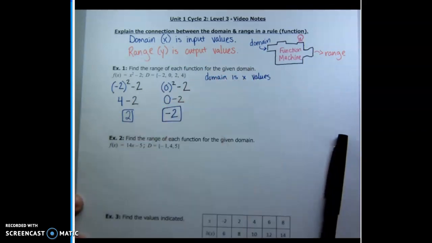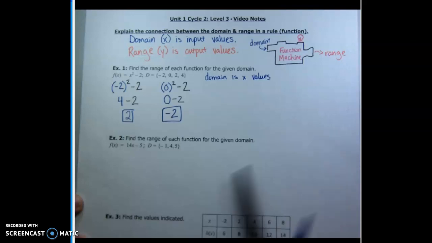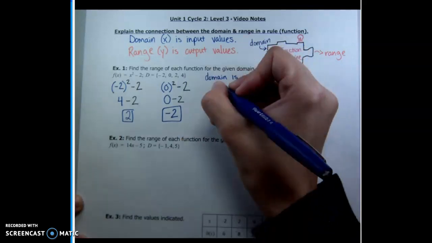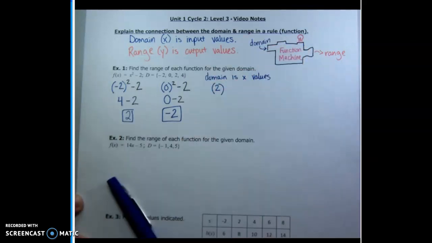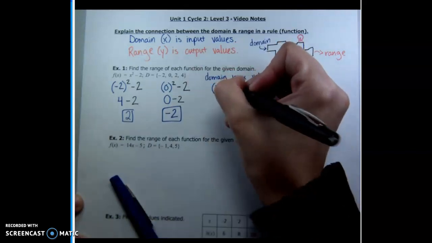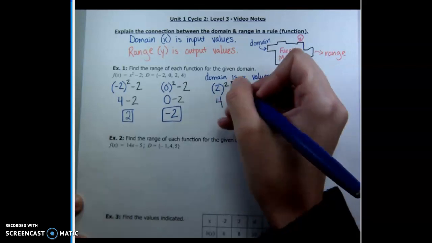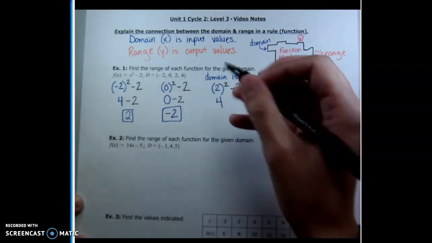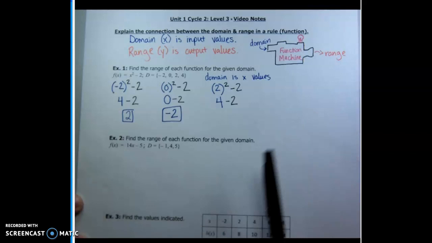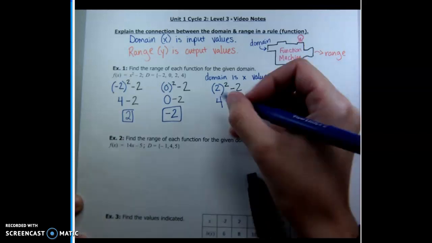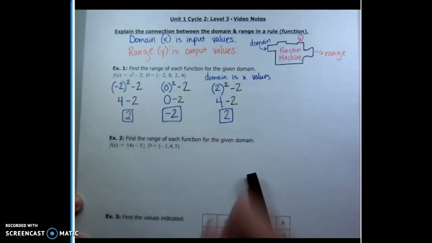So that's an answer. The next one I'm solving for is positive 2. So positive 2 squared minus 2. 2 times 2 is 4, or 2 squared is 4. We bring down the minus 2. 4 minus 2 is 2. So that's my third answer.